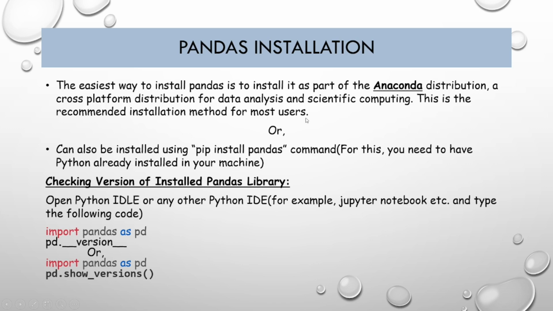So Anaconda is basically a toolkit or a software which we use extensively in our data analytics and data science related tasks. So when you install Anaconda, it automatically installs Python, if it is not already installed in your system, and along with that, it installs a whole lot of scientific and numeric libraries like NumPy, Pandas, SciPy, Matplotlib, Seaborn, and a whole lot of libraries that is very useful in our day-to-day tasks related to data analytics and data science.